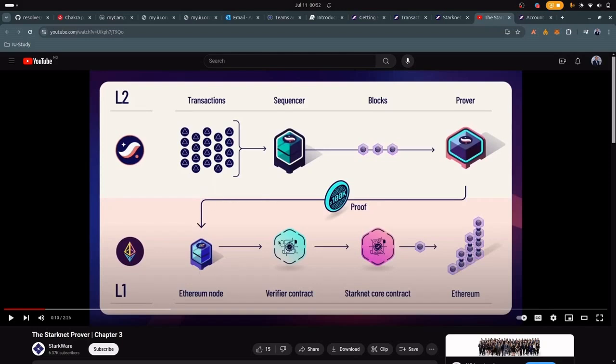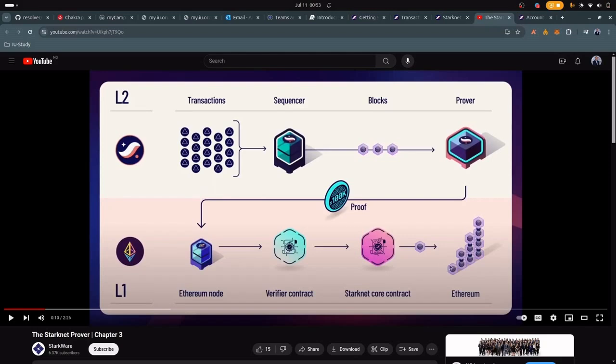The verifier accepts the proof, then checks it. If the proof is valid, based on preset conditions, it is accepted. If the proof is invalid, the verifier rejects it. But if the proof is accepted, it is bundled into blocks on the Ethereum layer and added to the blocks.